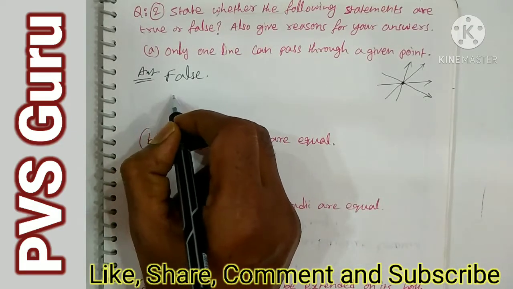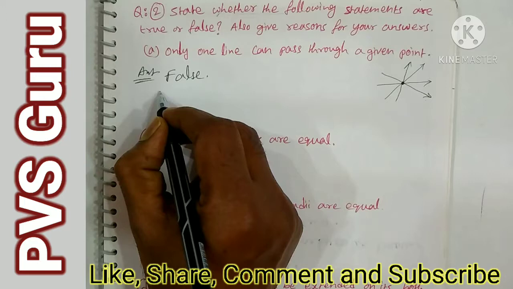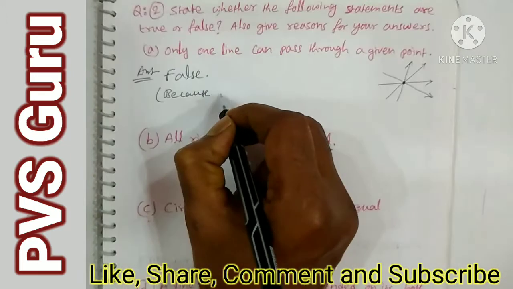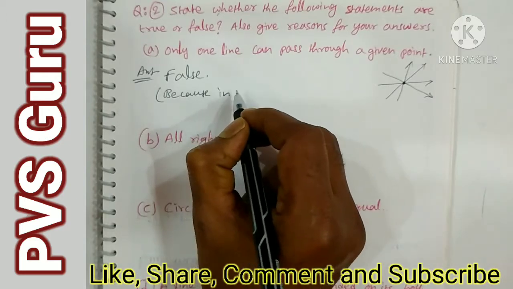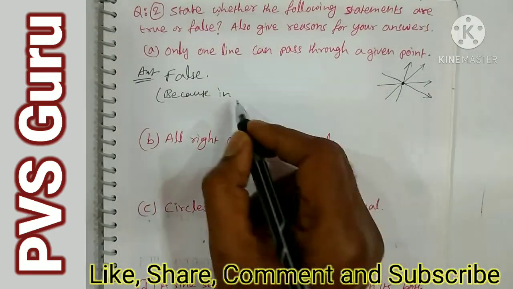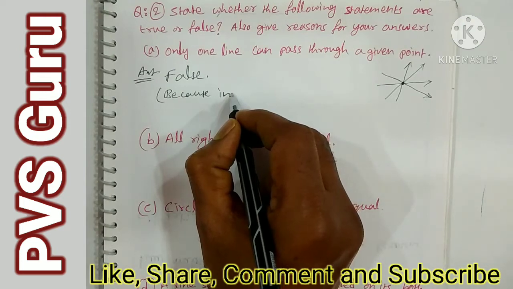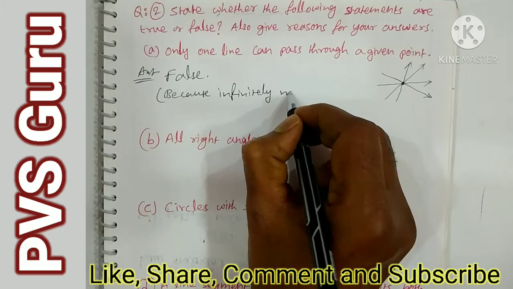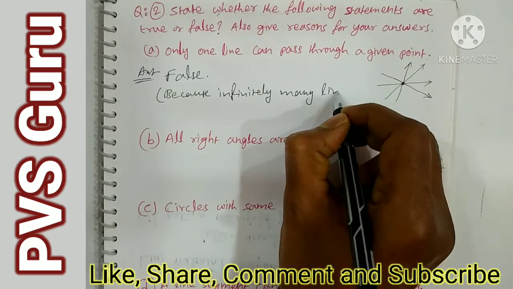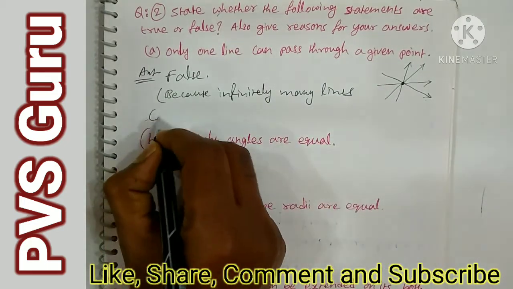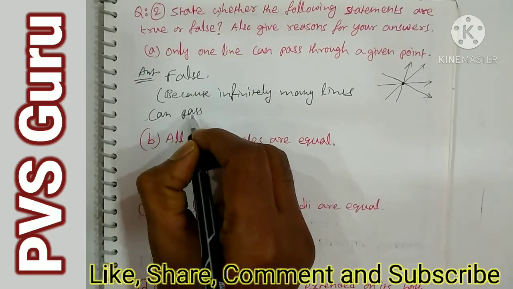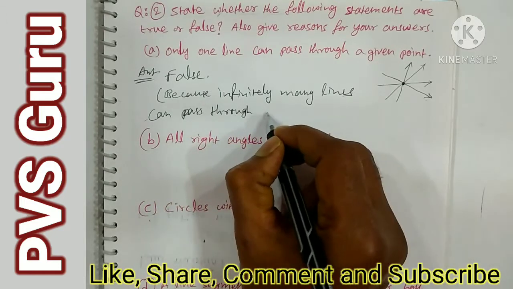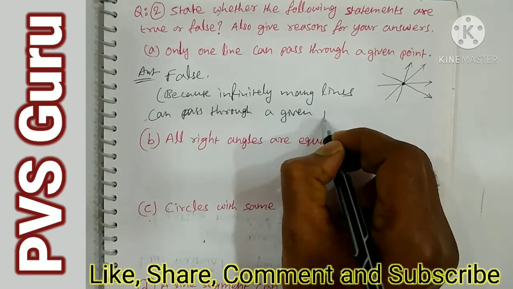Because we can draw infinitely many lines through a given point.